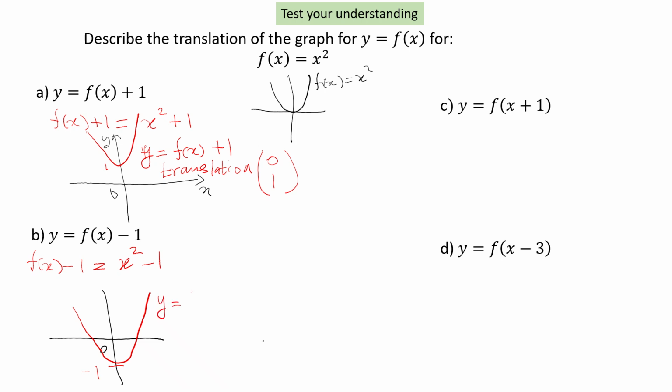This is y equals f(x) minus 1. The translation: in the x direction the graph does not move, so 0. In the y direction the graph moves downwards by 1, so negative 1.